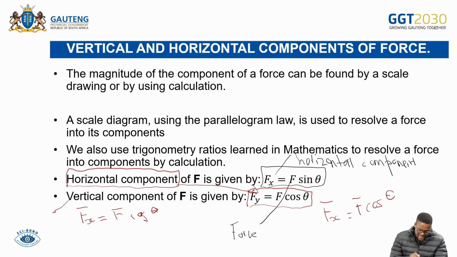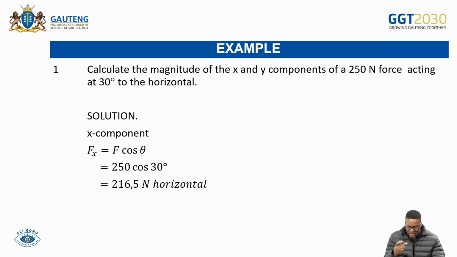And for vertical component, it's Fy is equal to F sine theta, right? So just remove this sine theta here. The sine theta belongs to the vertical component, and for the horizontal component we've got cos theta. Sorry about that mistake. Okay, so let's see the examples that are given to us.